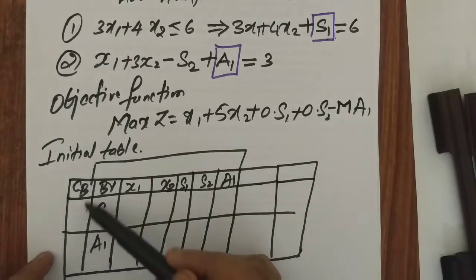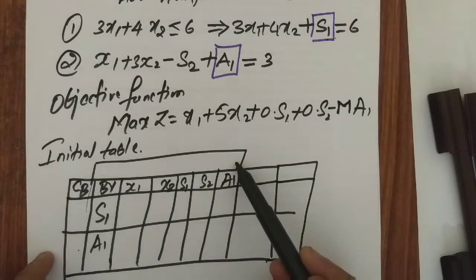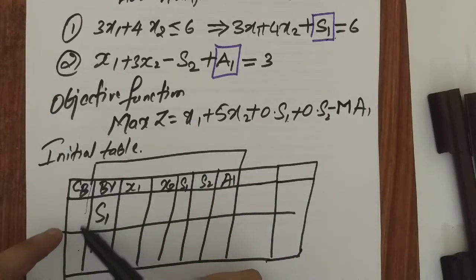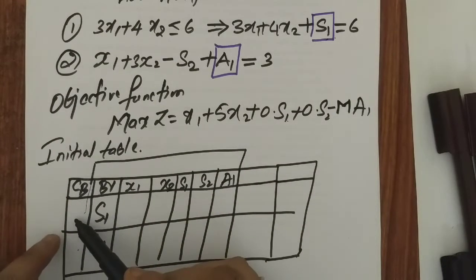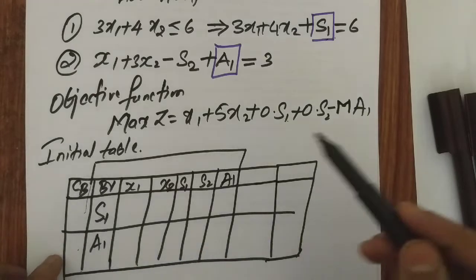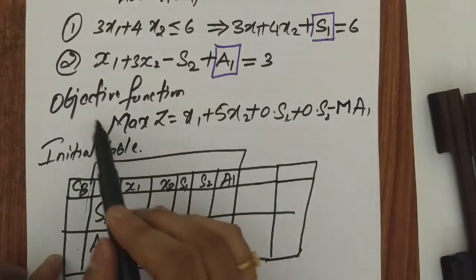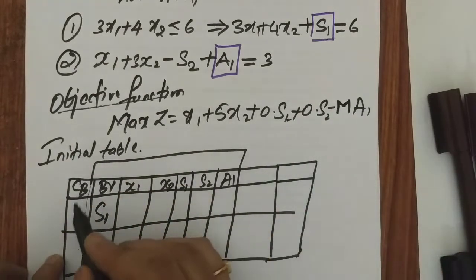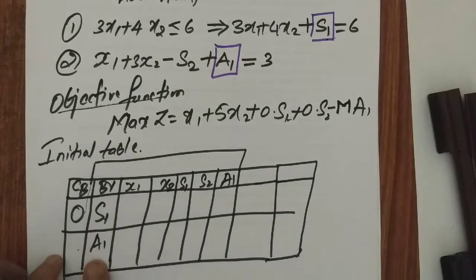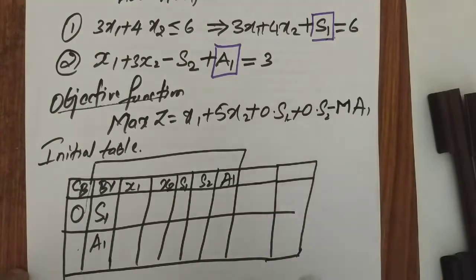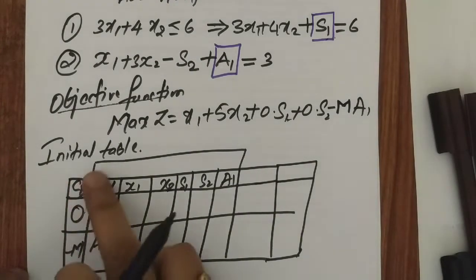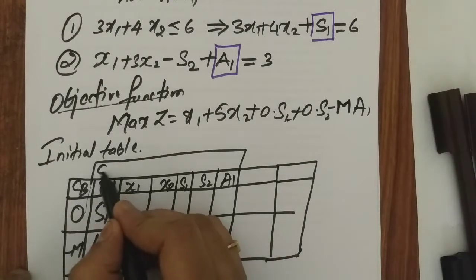As I told you, the first column and the top row hold the values of the objective function. What is the coefficient of S1? That will be entered in the first column. In the objective function, S1 is 0. What is the coefficient of A1 in the objective function? A1 is -M. Now we will write Cj.